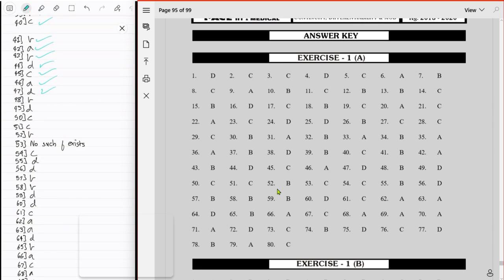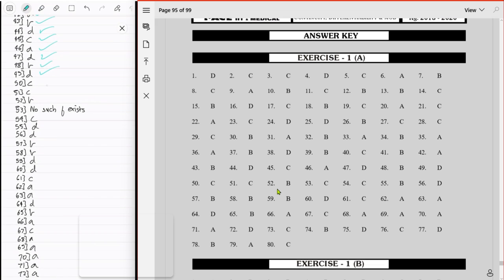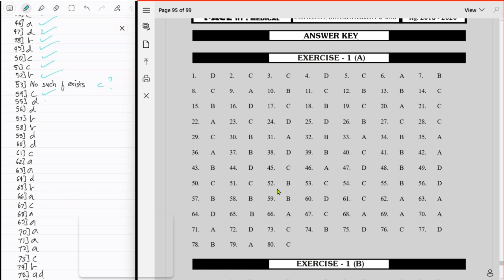DBD. 50. CCBCC. Okay, interesting. C. Okay. 55. BDBB. Oh, 55 is B. Okay. 56 is D. 7B, then B, then B.